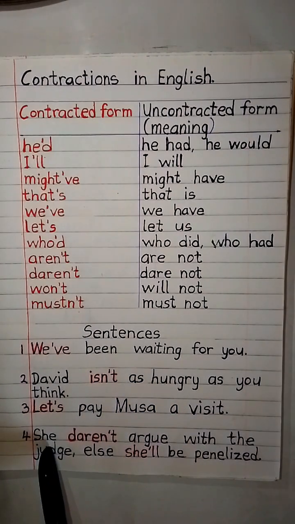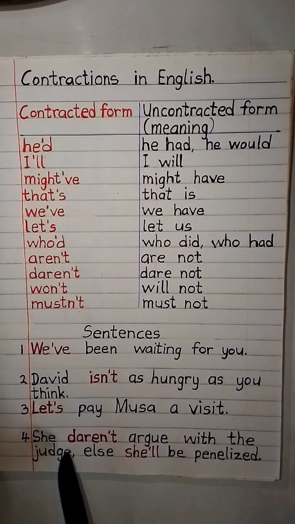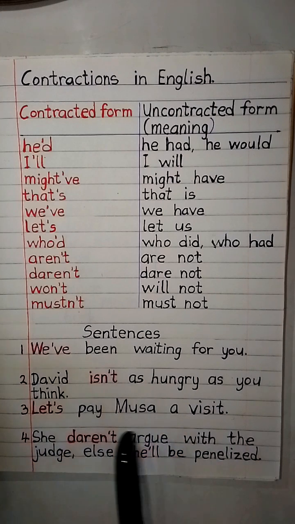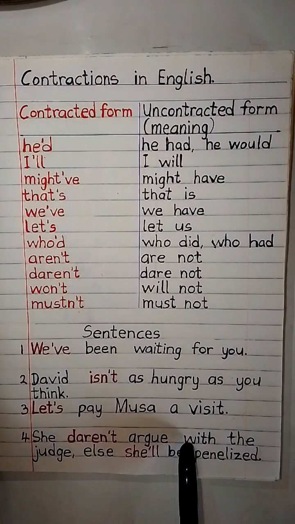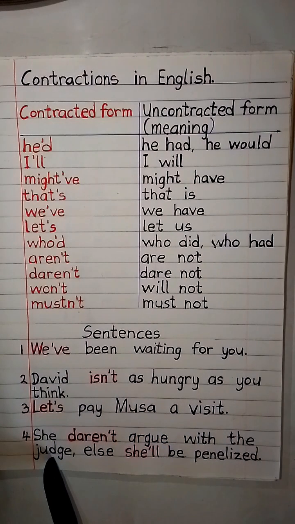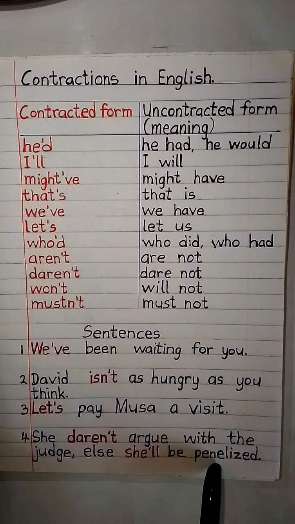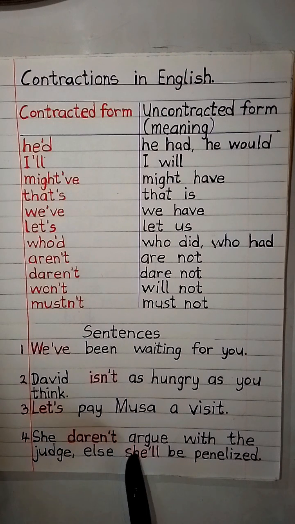Number 4, she daren't argue with the judge, else she'll be penalized. I take it again. She daren't argue with the judge, else she'll be penalized. We have daren't here, a contracted form, which means dare not.